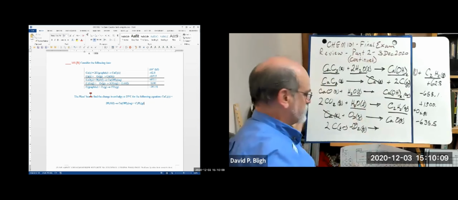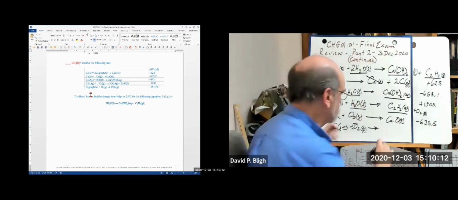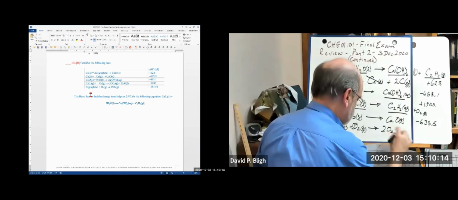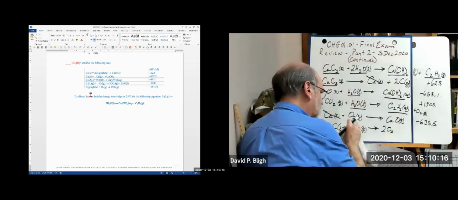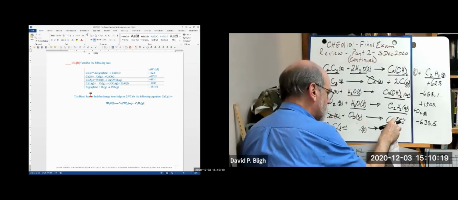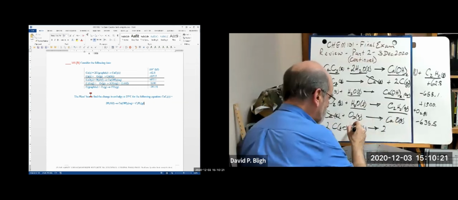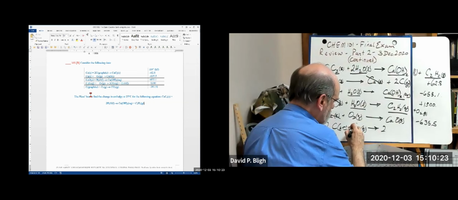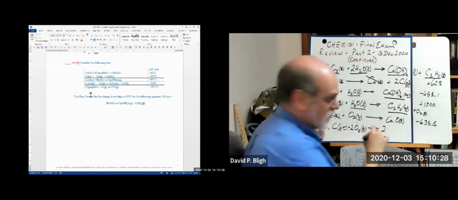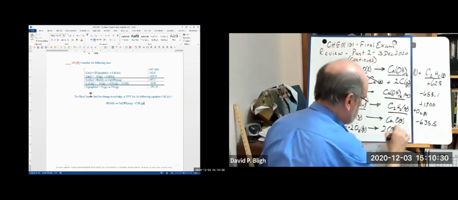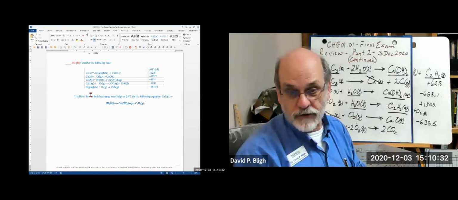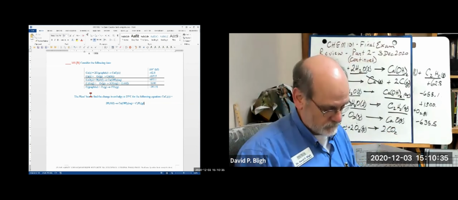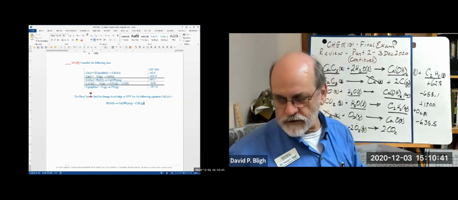That's 2 oxygens and 2 carbon dioxides. Let me write that a little better. Two oxygens and 2 carbon dioxides. And we have to double 393.51, which is 787.02.